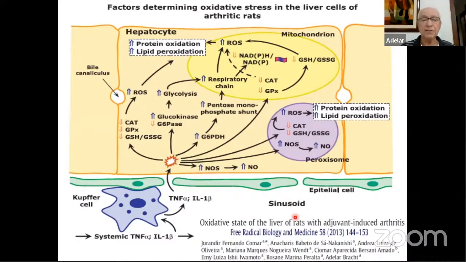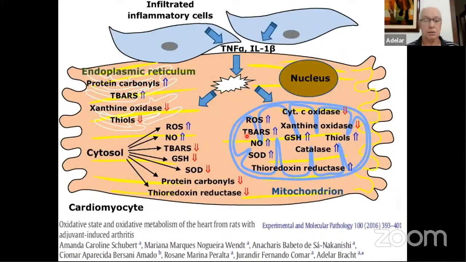So this gives us a general picture of what happens in the liver. You see, all these parameters can be measured or should be measured when testing the antioxidant effect of a given compound. Similar things happen in the cardiomyocyte. We have published this paper a few years ago too. The effects are equally compartmentalized and may even be different depending on the parameter.